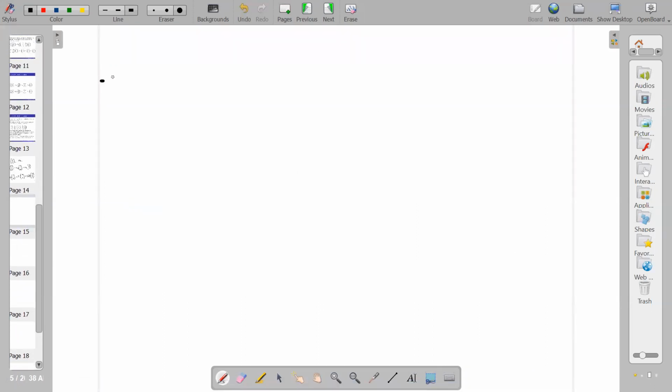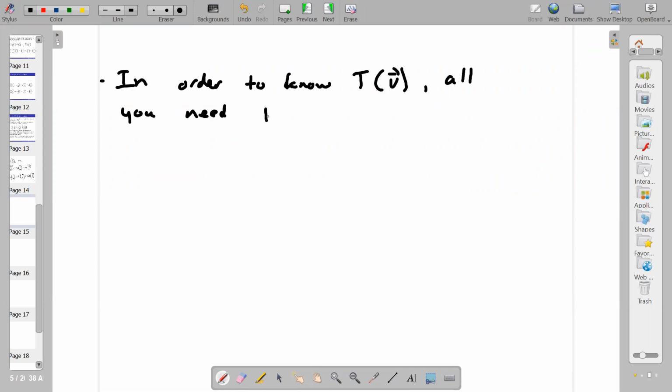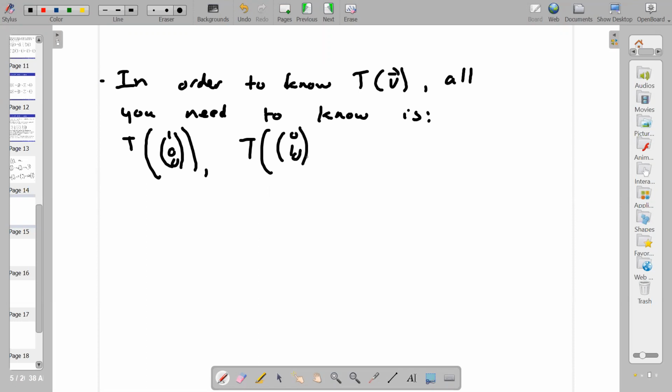What that statement means is that in order to know T of V for any vector V, all you need to know is what T does to 1, 0, 0, what T does to 0, 1, 0, and what T does to 0, 0, 1. And the reason is this.